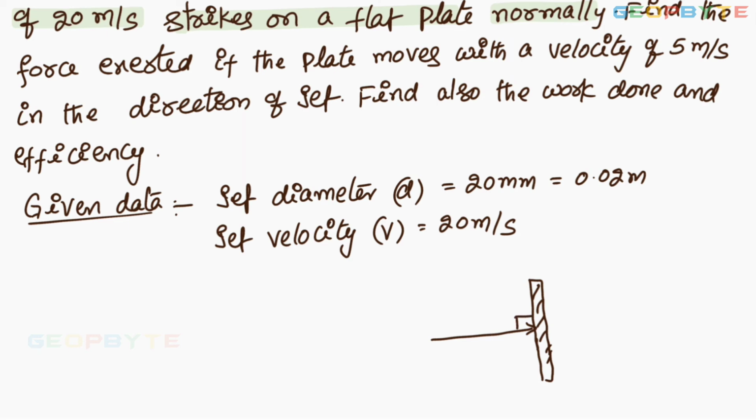The angle between these two is 90 degrees. That is the meaning of the jet hitting the plate normally. Find the force exerted if the plate moves with a velocity of 5 meter per second. While receiving the jet velocity of 20 meter per second, the plate is moving with a velocity u equal to 5 meter per second.